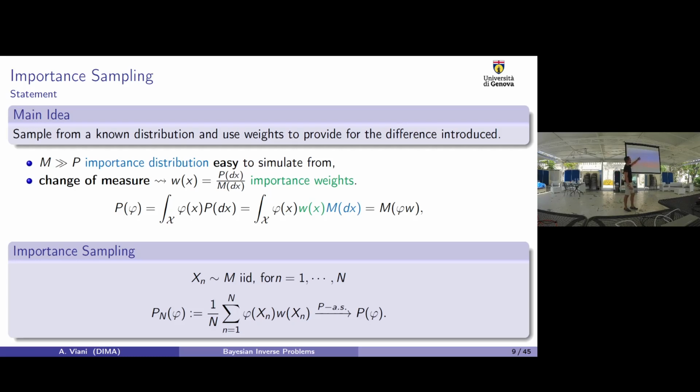The integral of W with respect to the measure M is the same as measuring with P. Okay, but I know this ratio because I suppose that P is absolutely continuous with respect to M. So if P admits a density with respect to the Lebesgue measure, also M has a density with respect to the Lebesgue measure. So this means that here I just have the ratio between the density of P and the density of M.